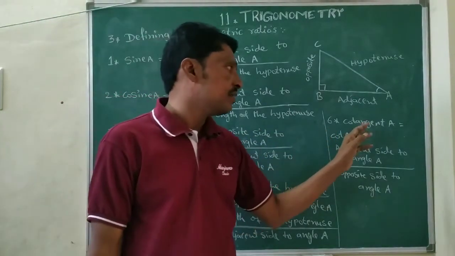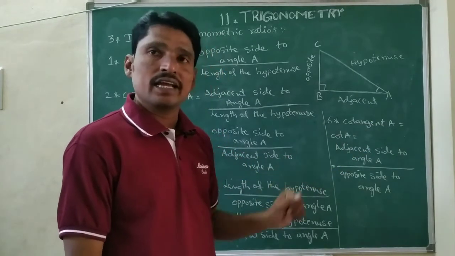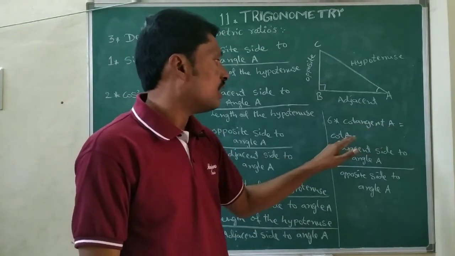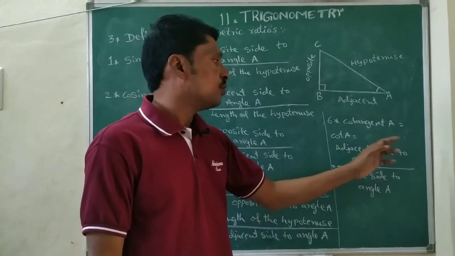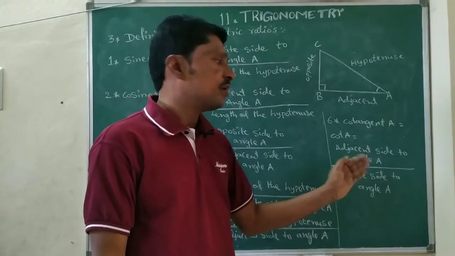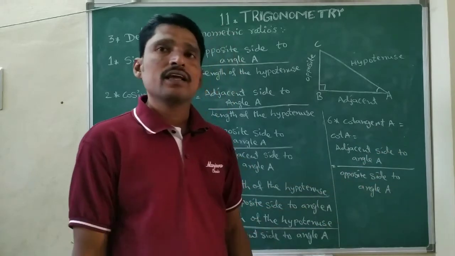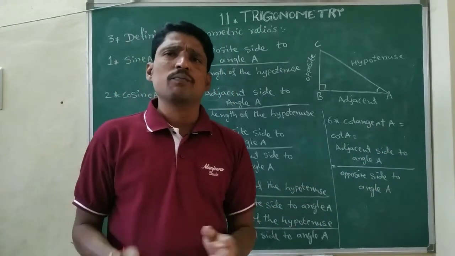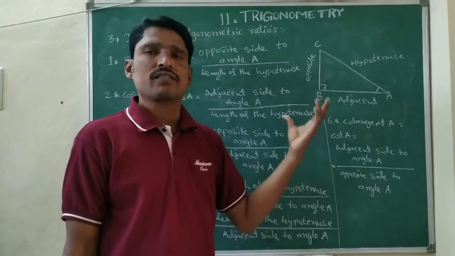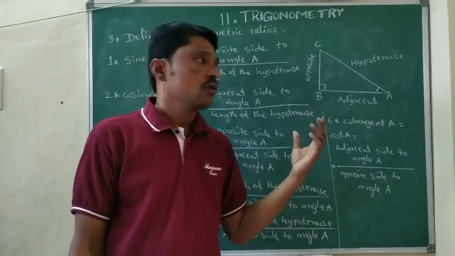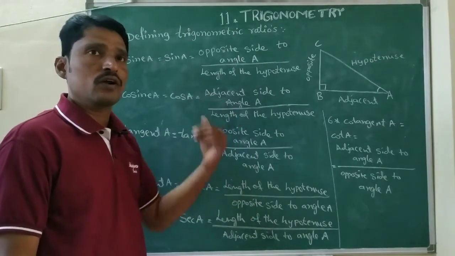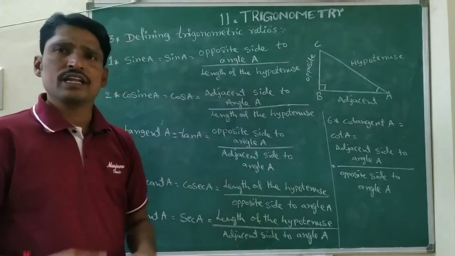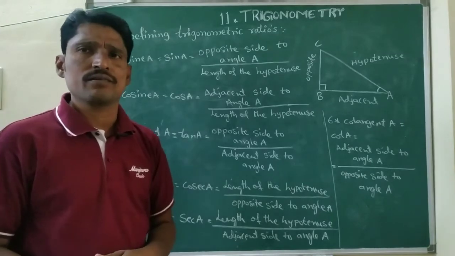Next, the last one, cotangent or cot A. So what is cot? The adjacent side to angle A by the opposite side to angle A. This is a very important concept. If you know all these formulas, you know how to take the ratios. Trigonometry is very easy.